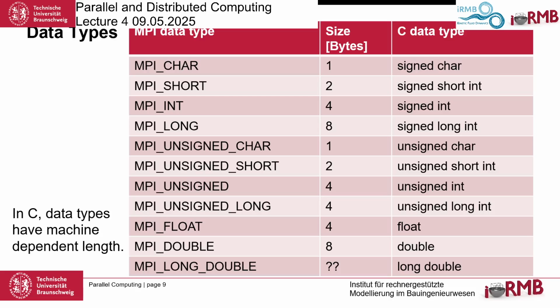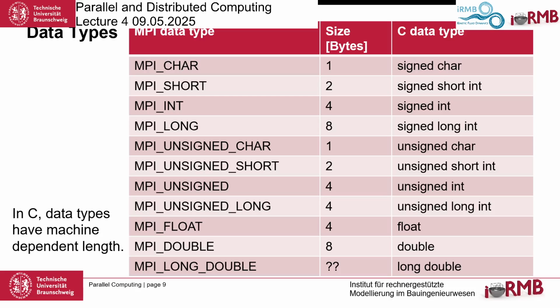MPI actually does specify the length of data types, and also specifies its own data types. We have them all, starting with MPI_CHAR, and you see that because they are all in caps, these are constants, defined in MPI.h.